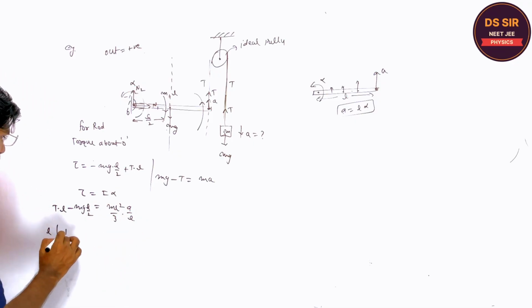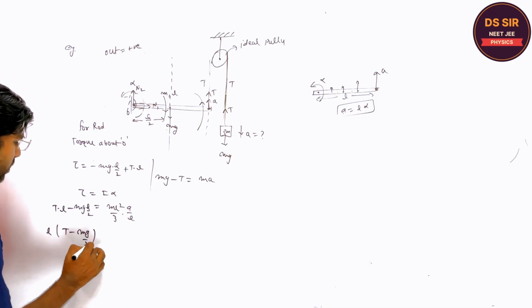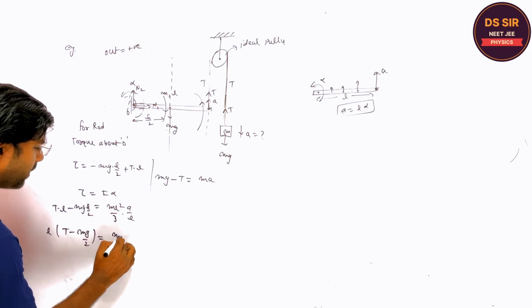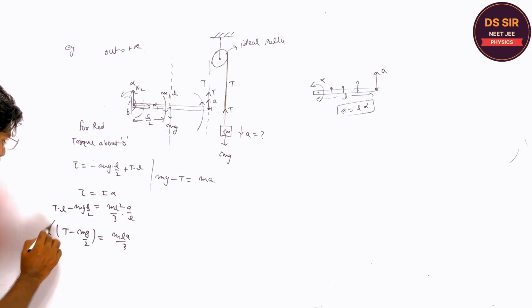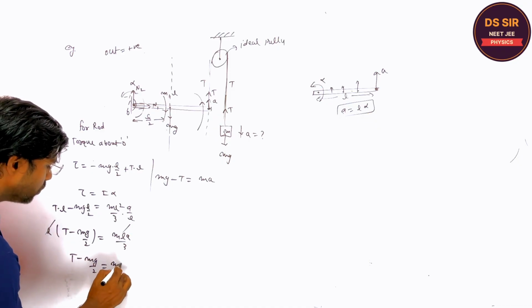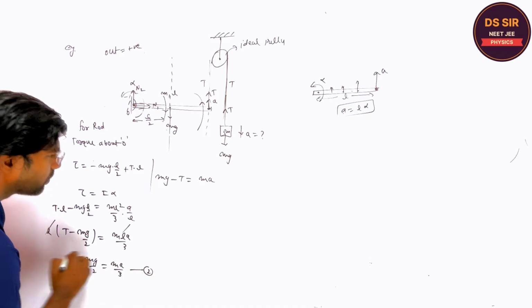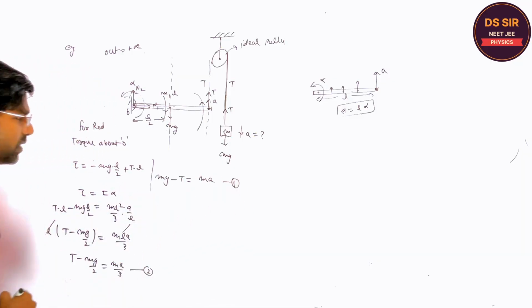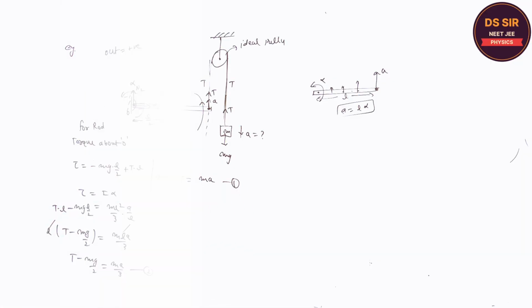If you take L common, T minus mg by 2 equals mLa by 3L, the L will cancel out. T minus mg by 2 is equal to ma by 3. This is equation number 2, and this is equation number 1. Are you getting each and everything? Copy this.